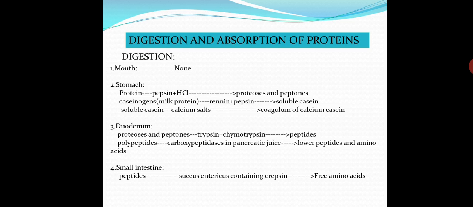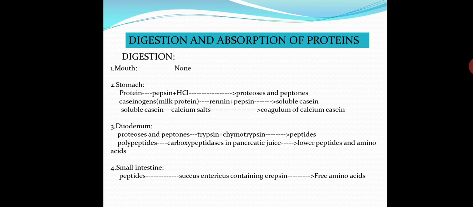Caseinogen, in the presence of renin and pepsin, becomes soluble casein, and in the presence of calcium salt becomes a coagulum of calcium casein. It can readily be digested enzymatically.